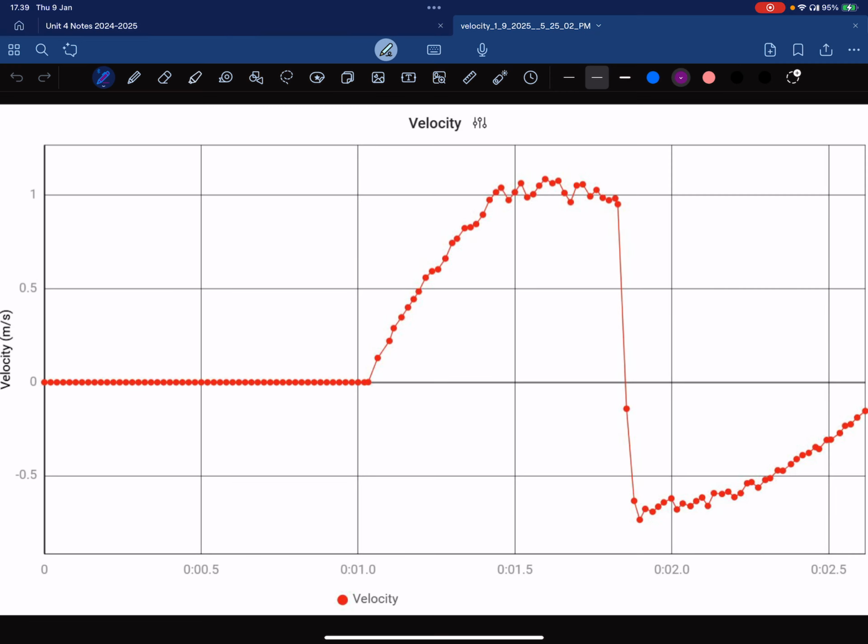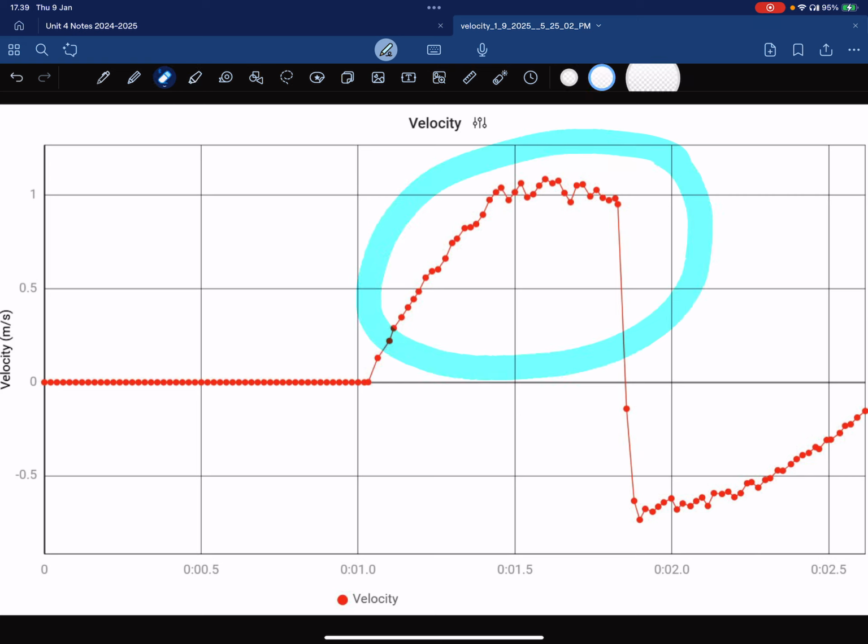Okay, ladies and gentlemen, so you've got yourself some velocity data for the momentum extension, and here is how you deal with it. First things first, all of this up here, this is positive velocity, right?